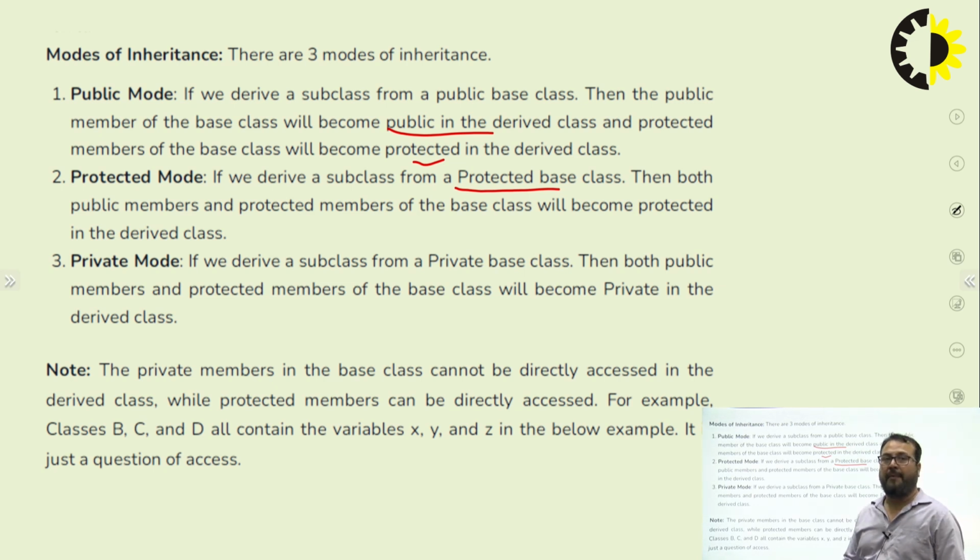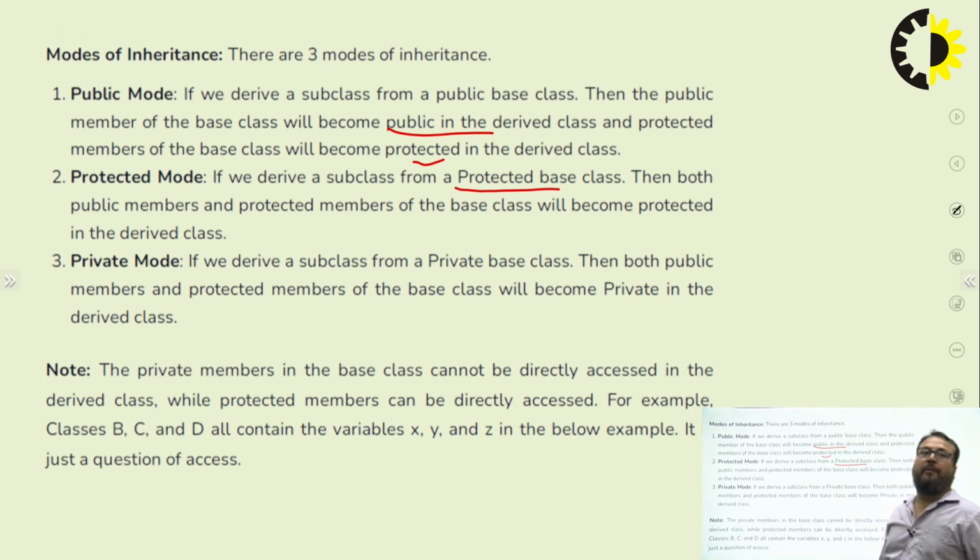Once a class inherits all the member functions and variables, they also become members of the derived class. So when inheriting publicly, they stay public or protected. But with protected inheritance, public and protected both become protected.